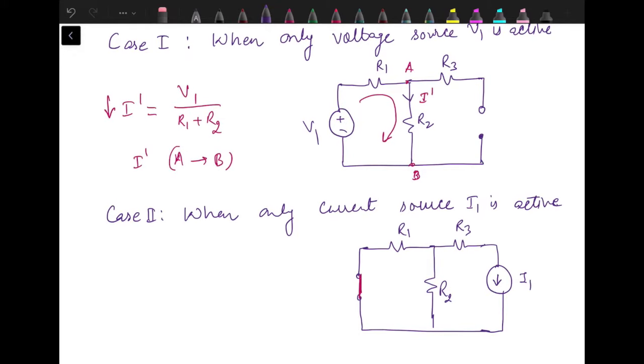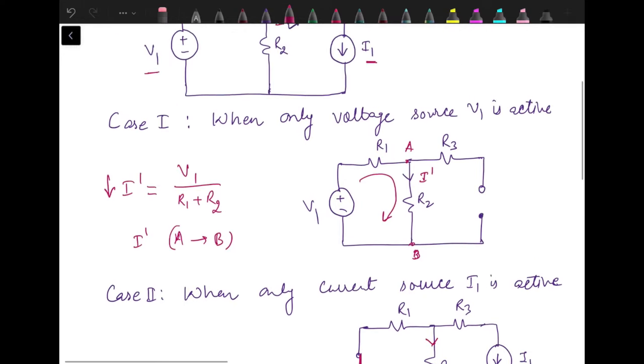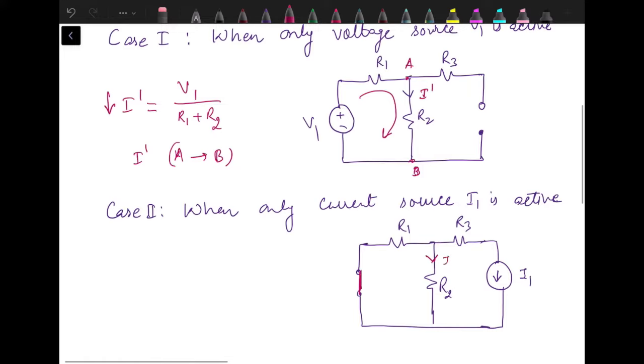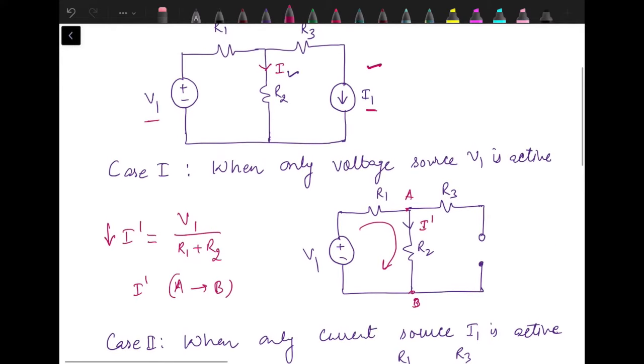We had already marked the direction of current I. It's I double dash. Why am I denoting it by I double dash? Because again the circuit is different from the initial case where we have both the voltage source and current source present in the circuit.